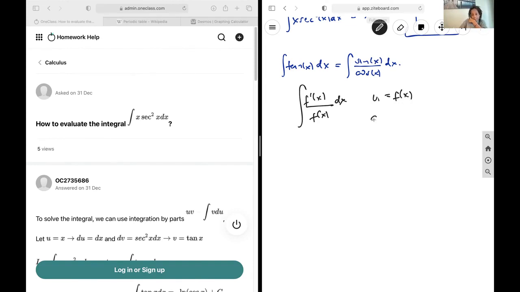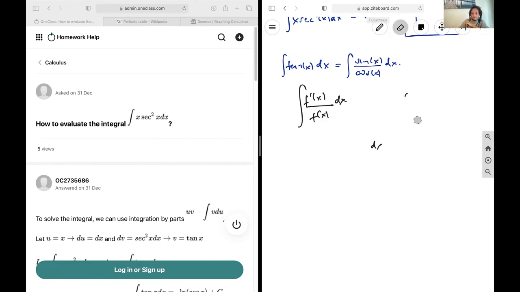That way, when you look for du over dx, which will be f prime of x, you'll get that dx is equal to du over f prime x. So when you substitute everything back in, the f prime x's will cancel and you'll just be looking for the integral of 1 over u du, which we know.